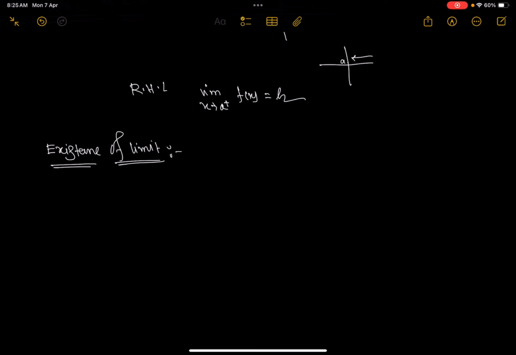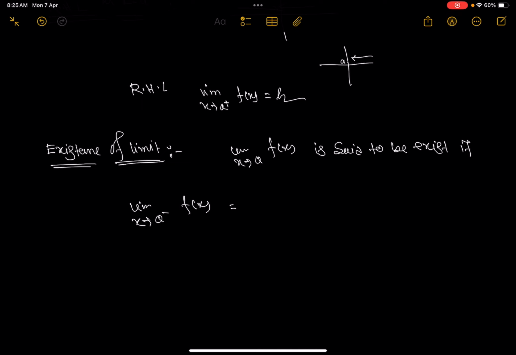The limit as x extends to a of f of x is said to exist if the limit as x extends to a minus of f of x equals the limit as x extends to a plus of f of x, a finite quantity.